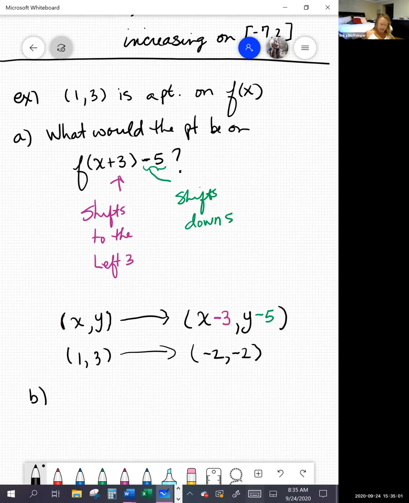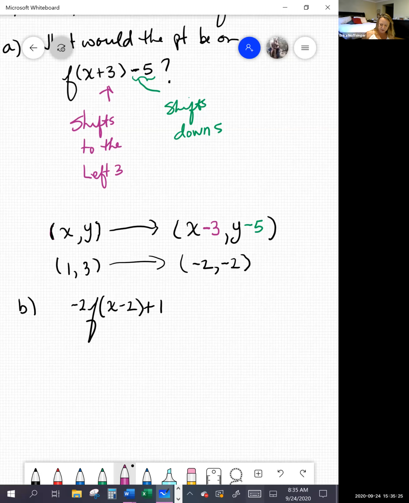What if it had been negative 2 times f of x minus 2, and then plus 1? So again, order matters.